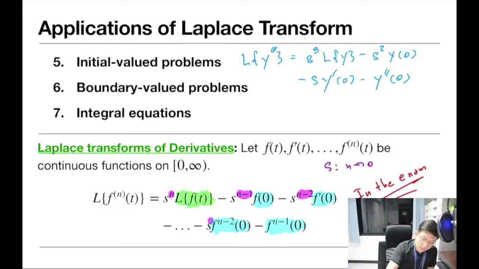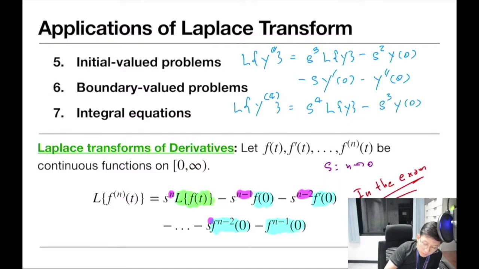See, so if you want to find the fourth derivative of y, that will be s to the 4 times the Laplace transform of y minus s to the 3 y0 minus s to the 2 y prime 0 minus s y double prime 0 minus y triple prime 0.